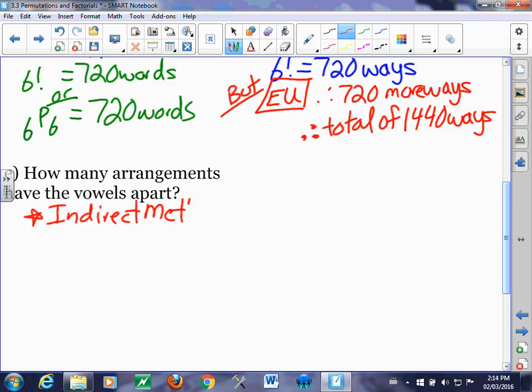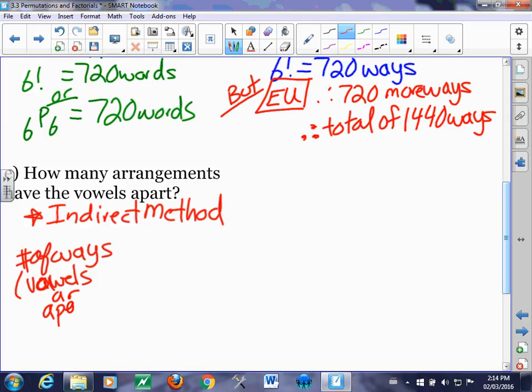So, number of ways where the vowels are apart equals, we're going to take the total number of ways, and don't forget to do the indirect method, you subtract the opposite.